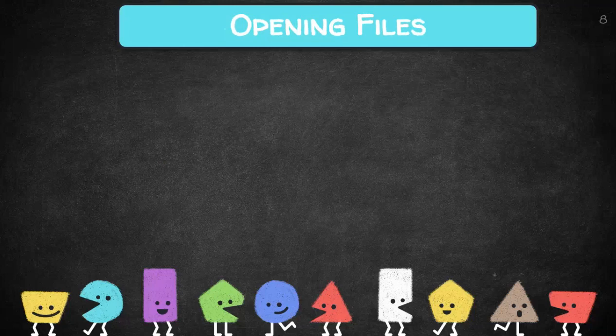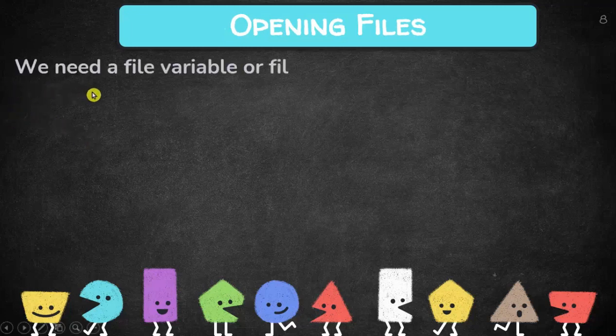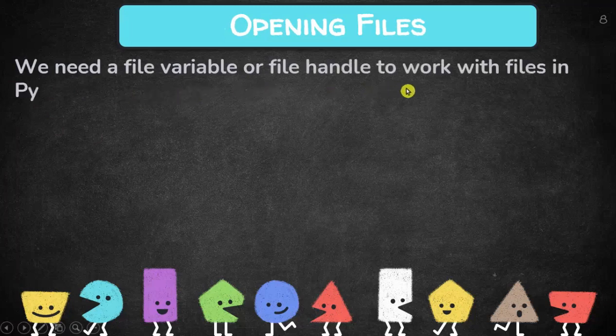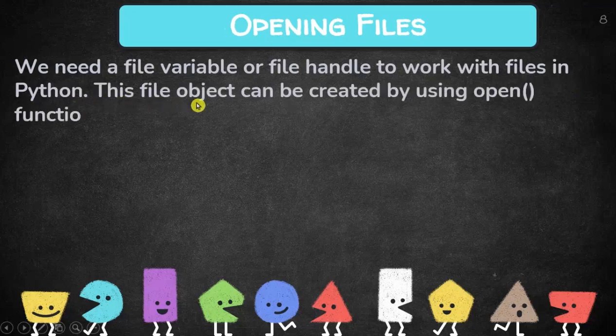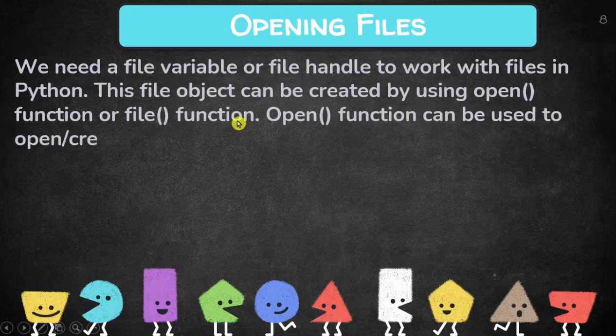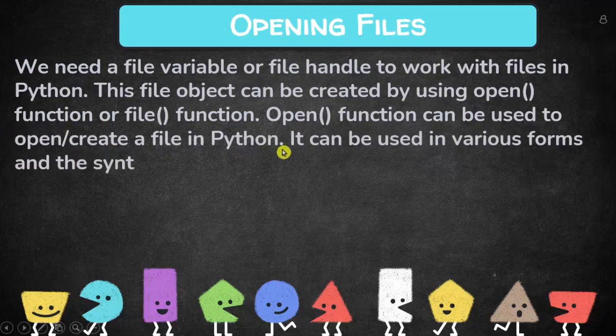Until we open a file, we will not be able to perform any operation on it. So the first operation that we will perform is opening files. We need a file variable or file handle to work with files in Python. This object can be created by using the open function or file function. The open function can be used to open or create a file in Python. It can be useful in various forms and syntax.